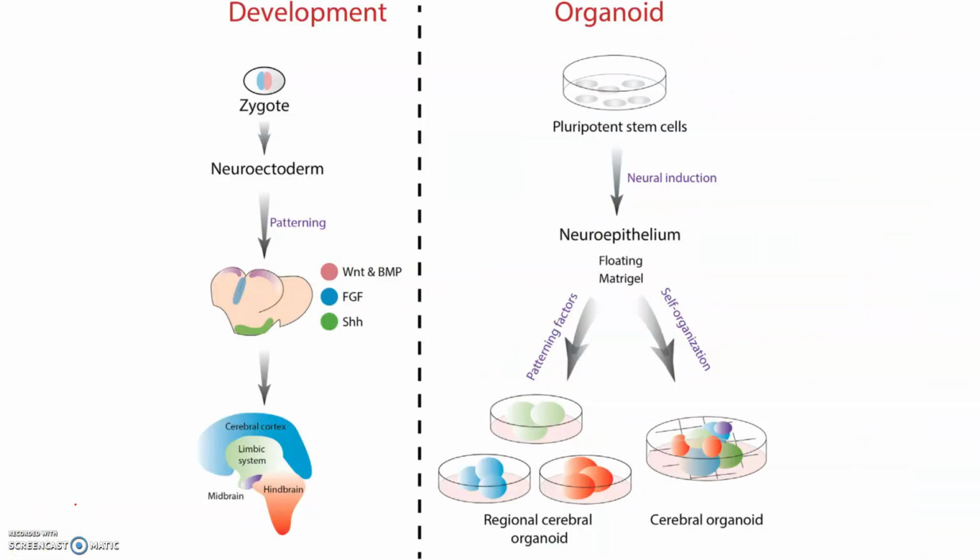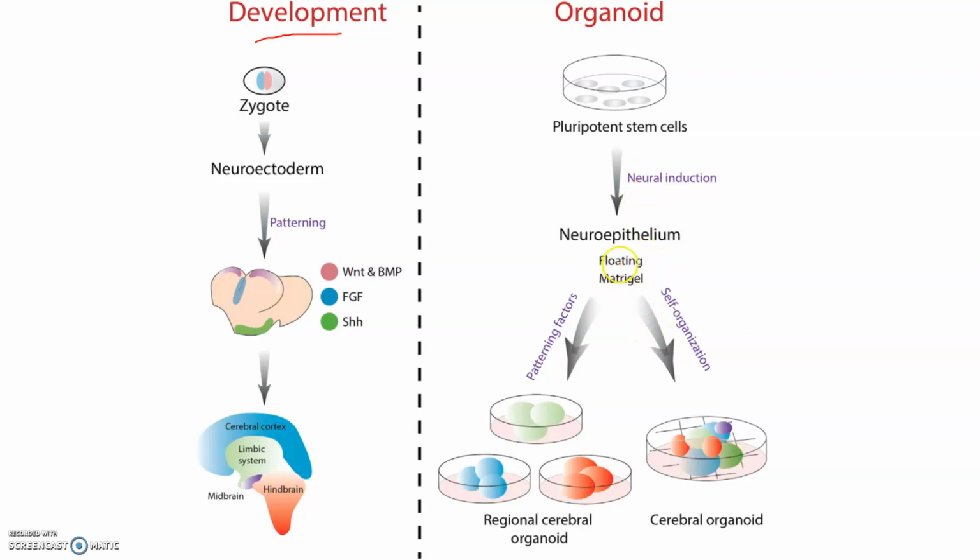To recreate physiologically relevant tissues, we know that in the regular development process of the brain, we have activation of several pathways such as Wnt and SHH that help with the patterning of the brain. In vitro it is a little bit more complicated to reproduce this. There are several methods.